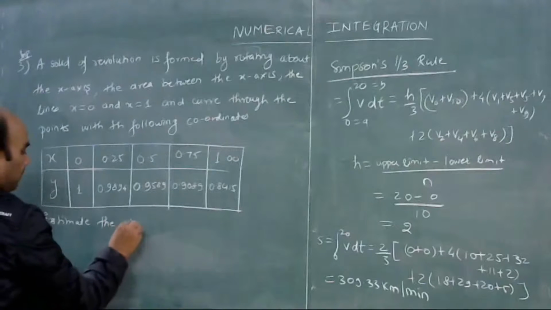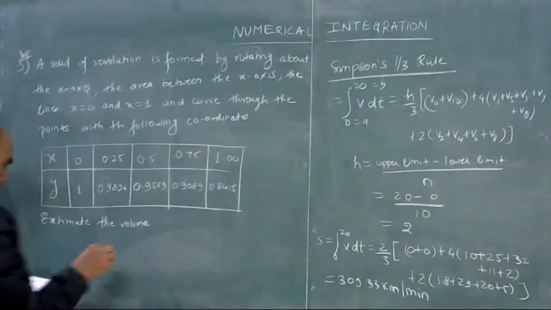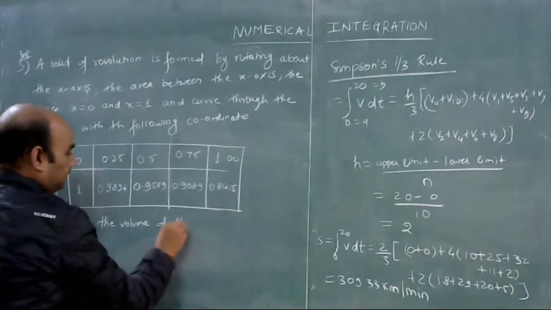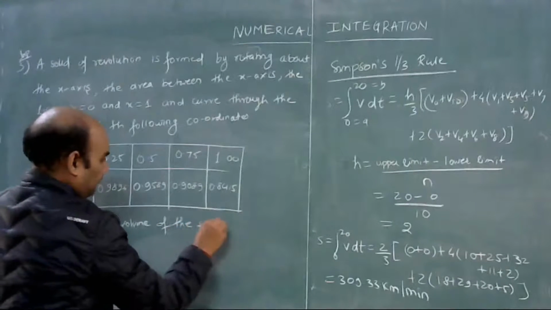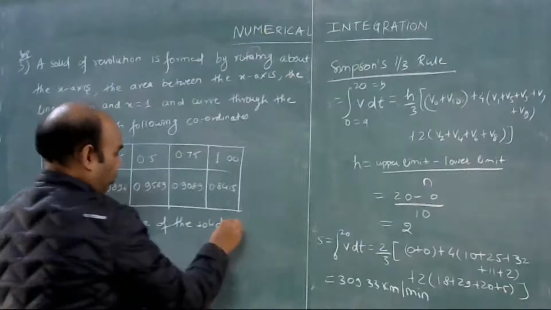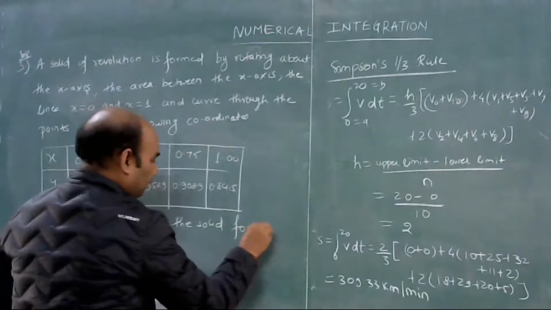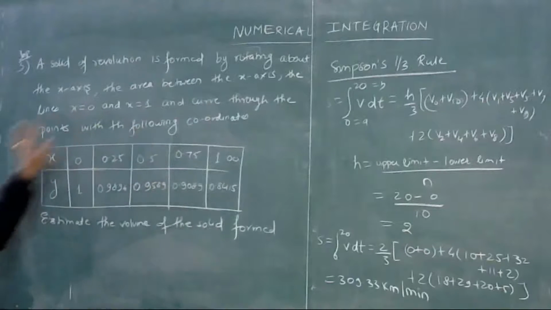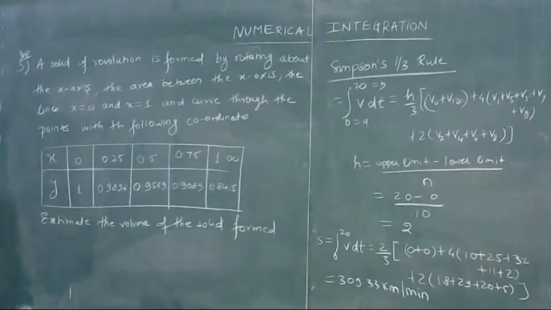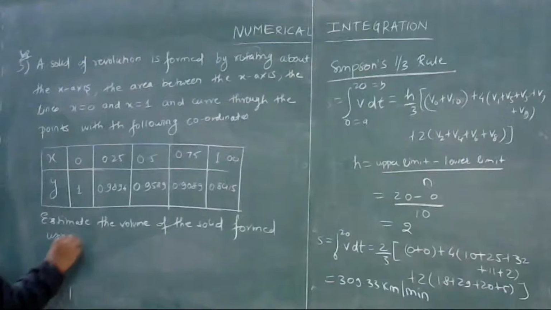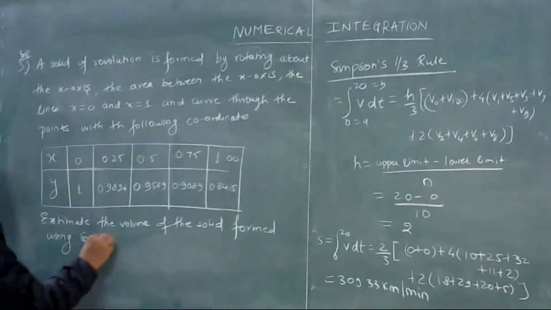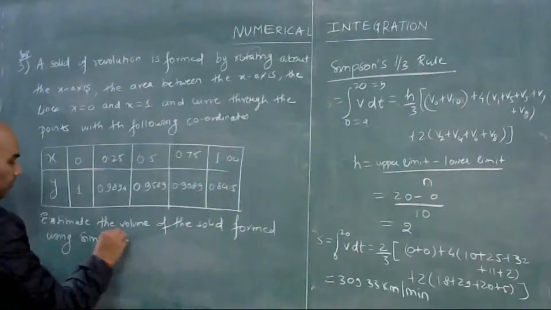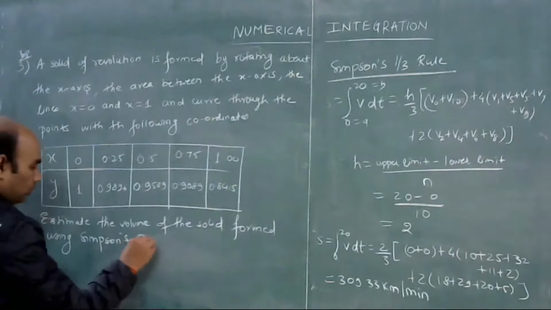So you have to find the volume of the solid formed. So we have to find the volume of the solid formed by these coordinates by using Simpson's rule. So in the question it is given you have to apply Simpson's rule. Okay.